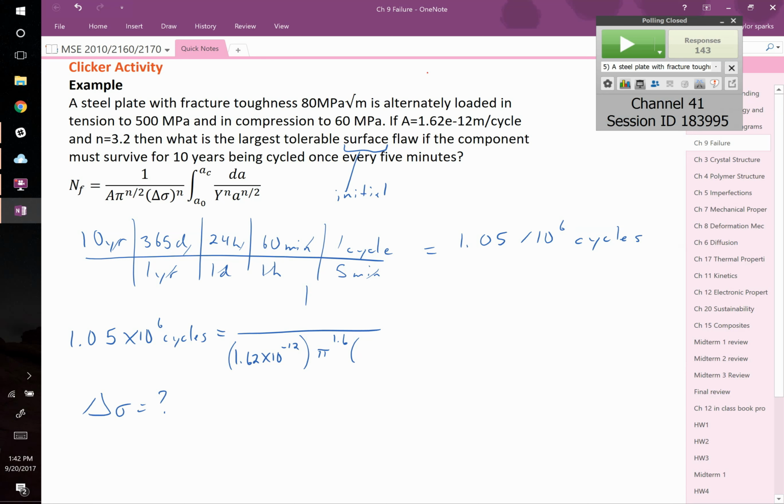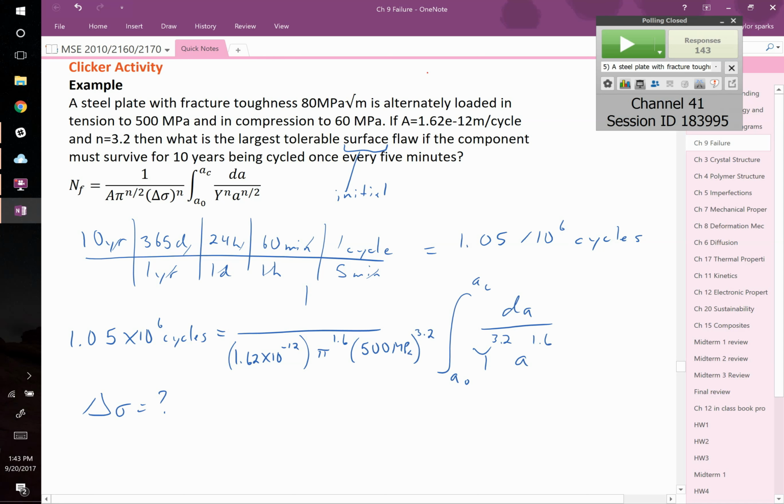So our range is just 500 megapascals. That's raised to the 3.2, right? We're going to take our integral from our initial flaw size up to our critical flaw size, dA, divided by y to the 3.2, multiplied by a to the 1.6. That's 3.2 divided by 2.